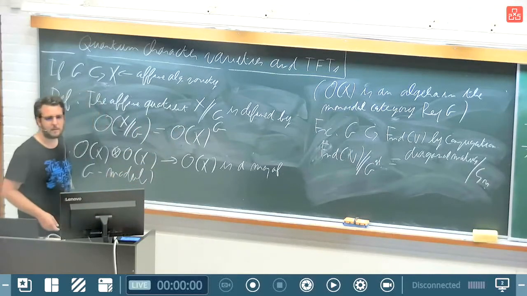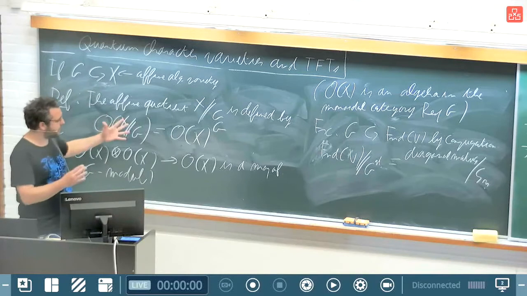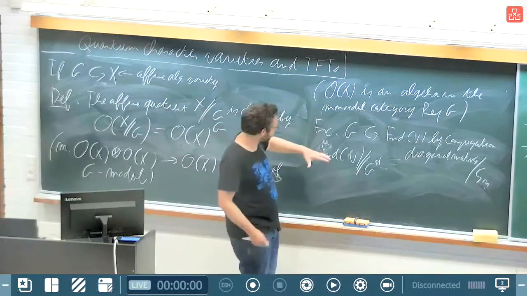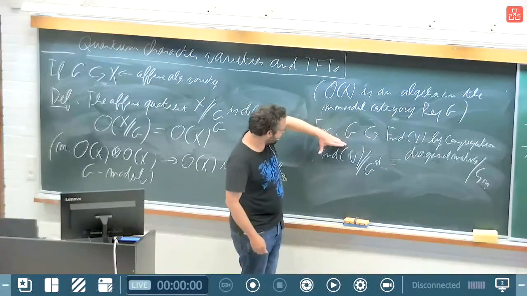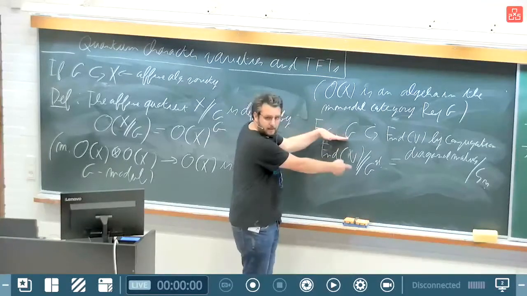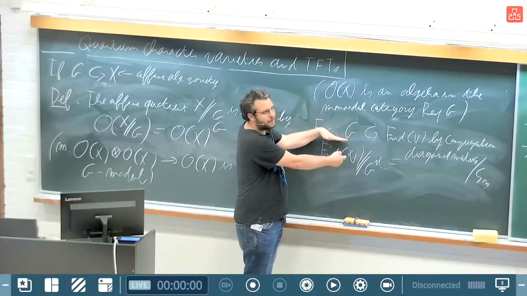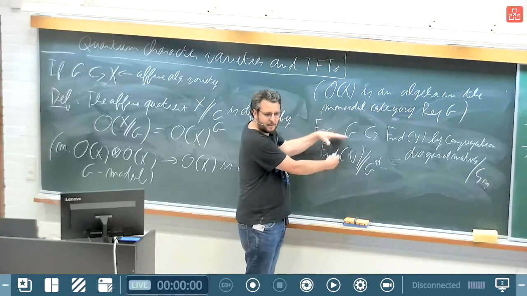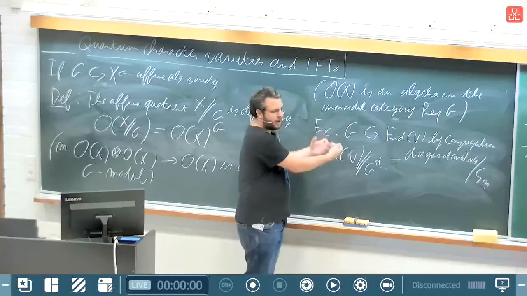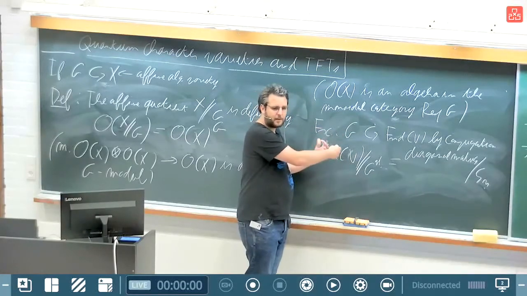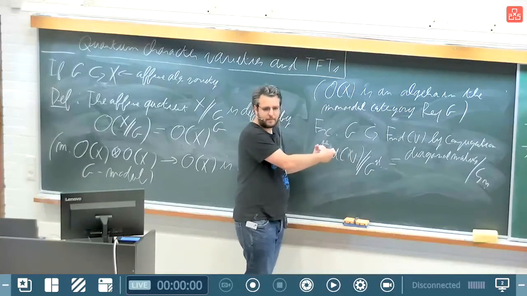Basically, there are two ways you can think of that. Either you can, when you construct this quotient, restrict to diagonalizable matrices. So you take a subset, and on this subset the affine quotient is just the actual quotient.